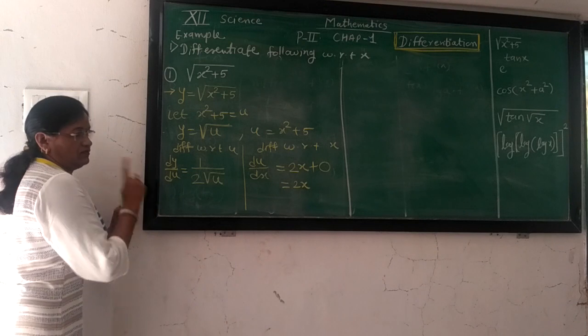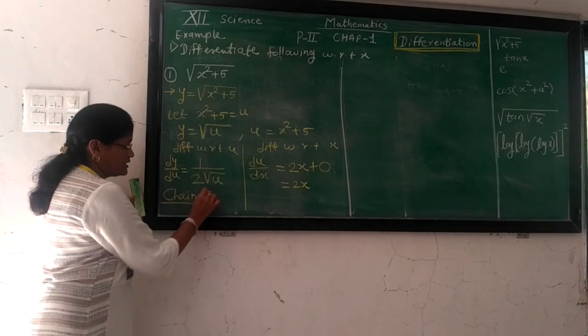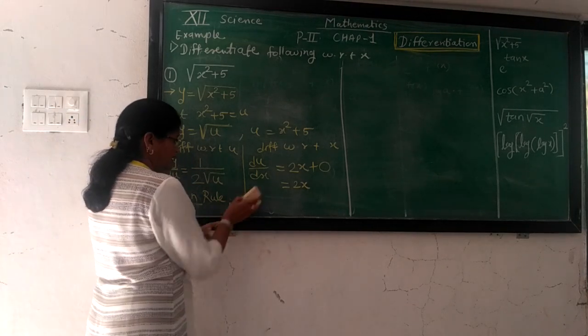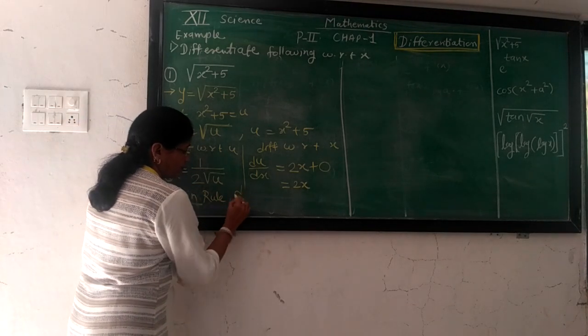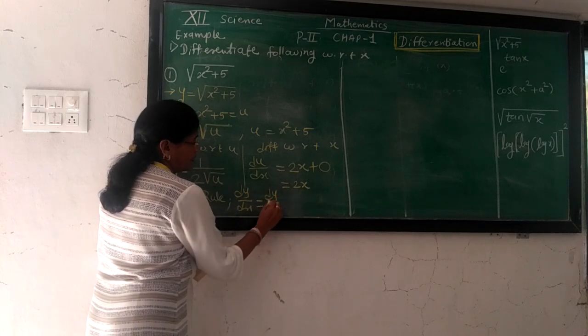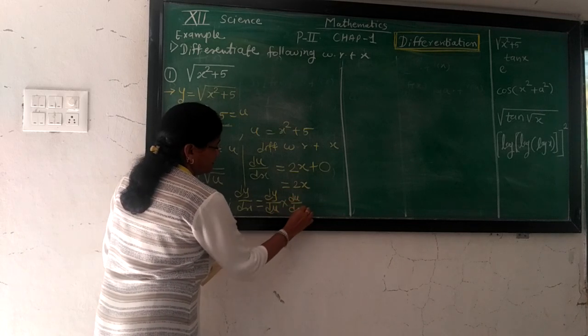Now, according to the chain rule, or you may say by the derivative of a composite function, we take dy by dx is equal to dy by du into du by dx.